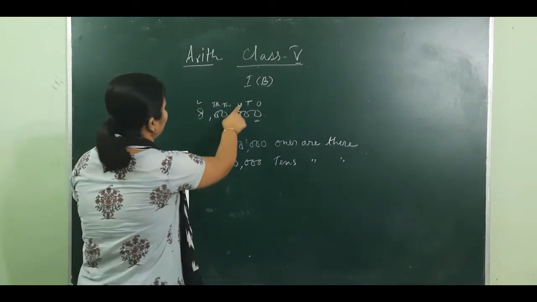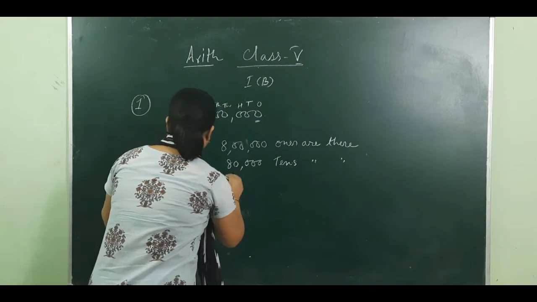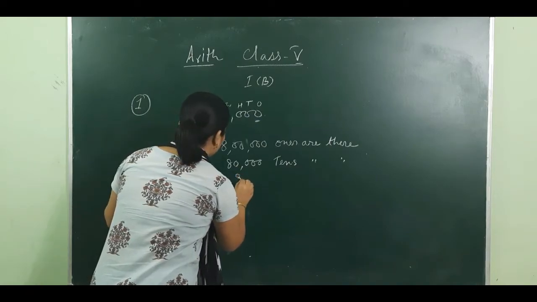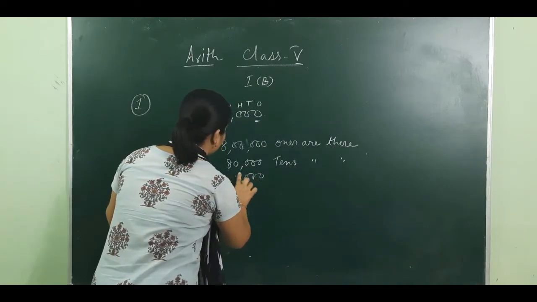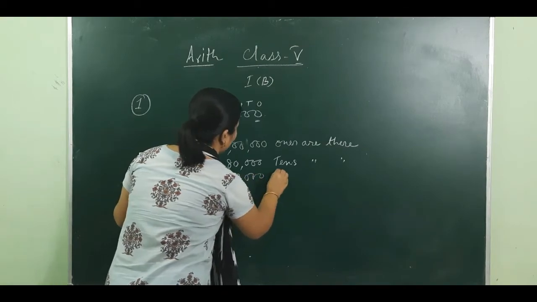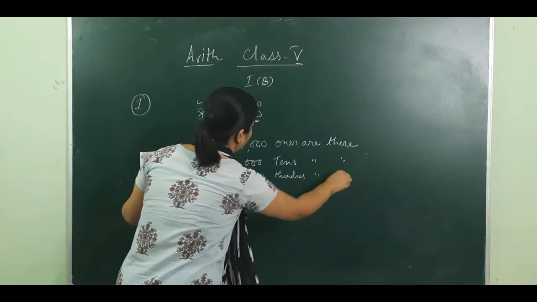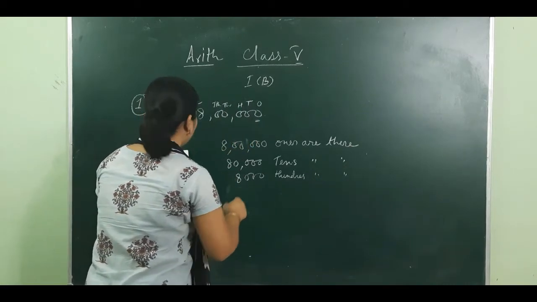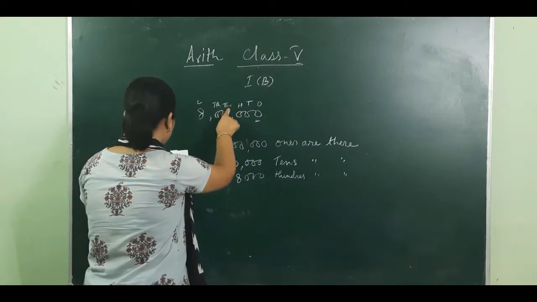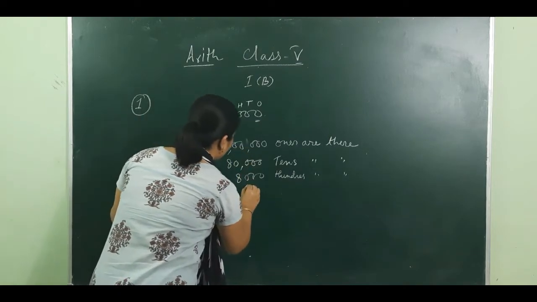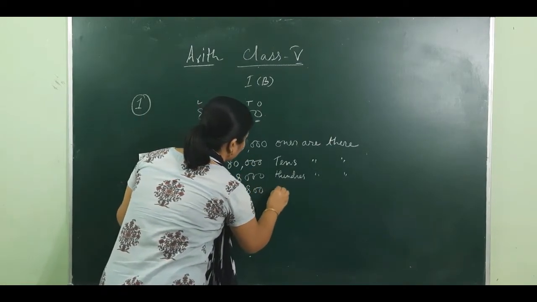Okay, then hundreds: 8,000 hundreds are there. Then if you have to find how many thousands are there, then 800 thousands.